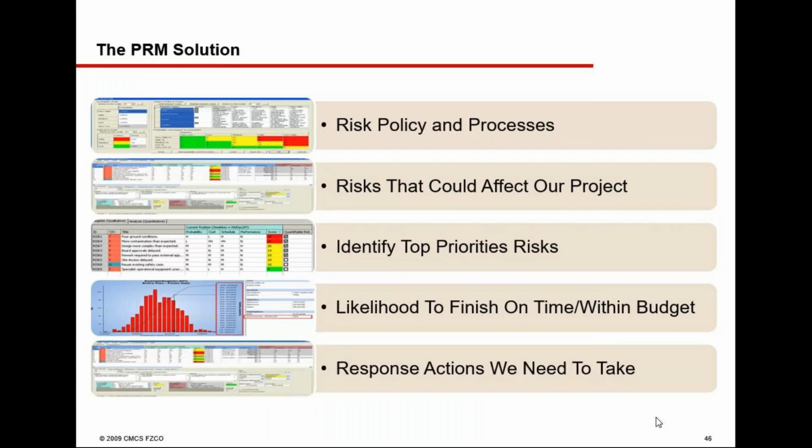Even before starting the risk management, what we need to do is we need to ensure that the schedule is of good quality. All right. In Primavera P6 EPPM, you have a feature called schedule checker.